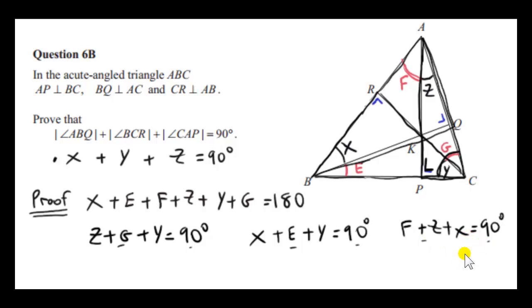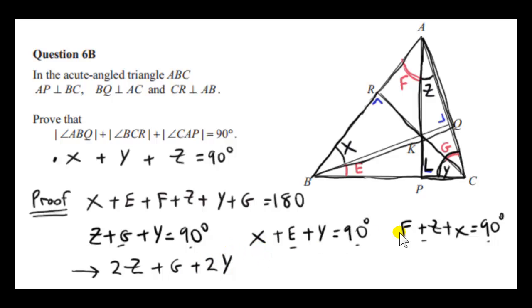So if we add the left hand sides, what do we get? How many z's do we get? We have 1z plus another z, that's 2z. We have this g. We've y plus y, that's 2y. Okay, how many x's do we have?